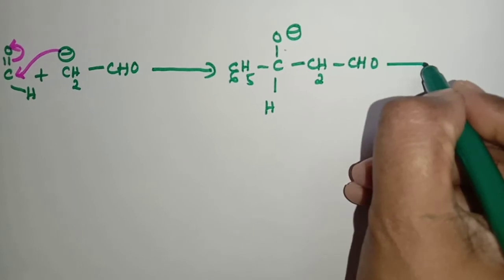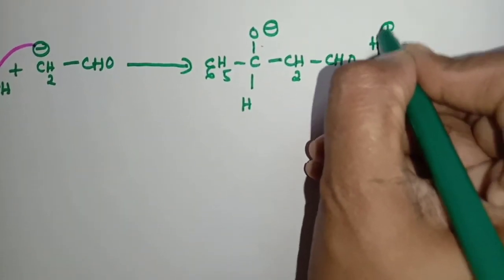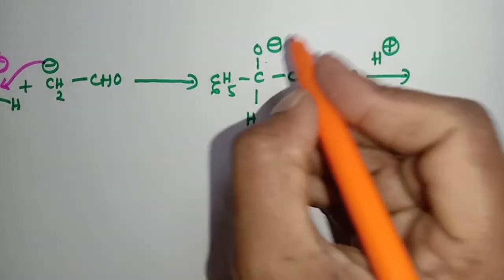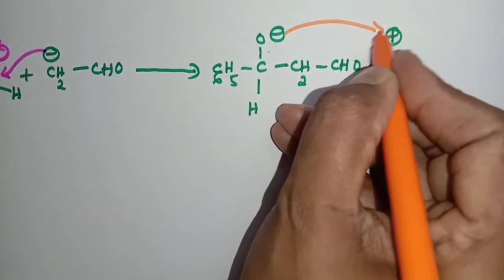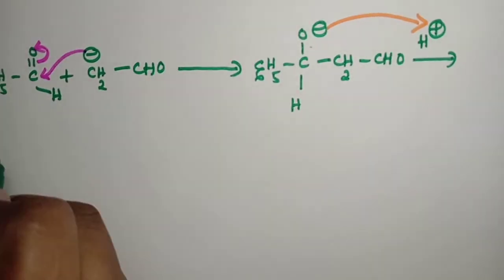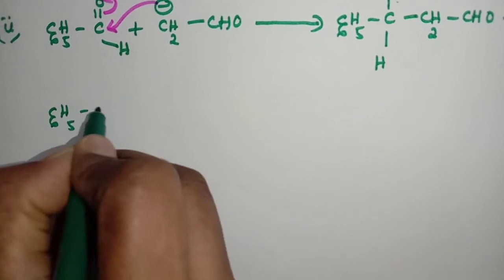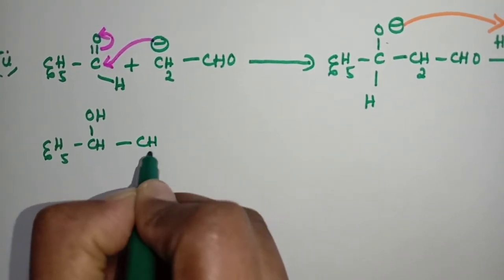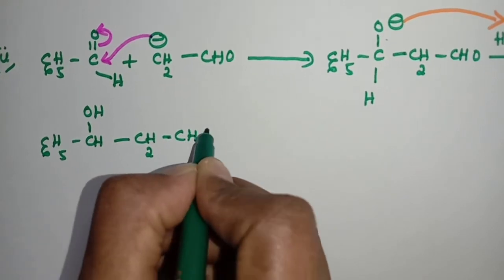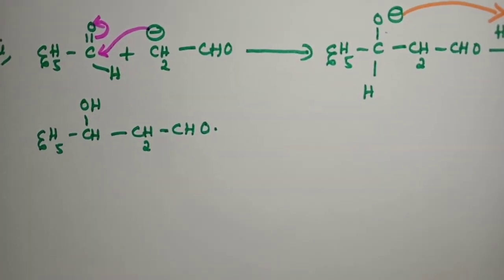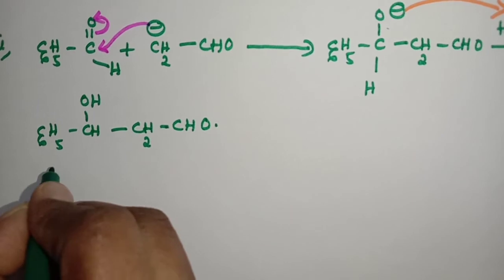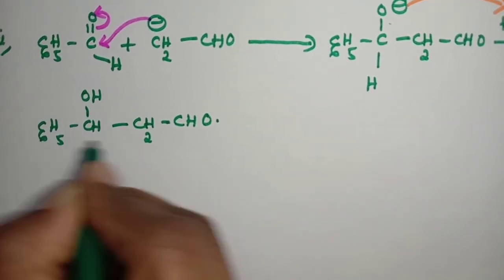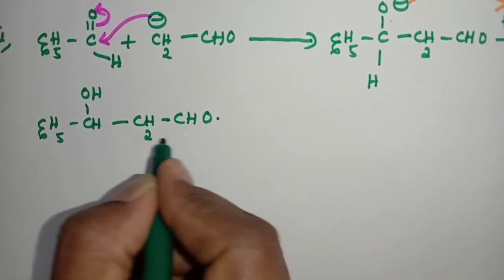Okay. So next is protonation. So addition of H plus. So O minus attracts this H plus, forming C6H5 CH, here comes OH, CH2 CHO. Okay. So like this we get beta hydroxy beta phenyl propanaldehyde.